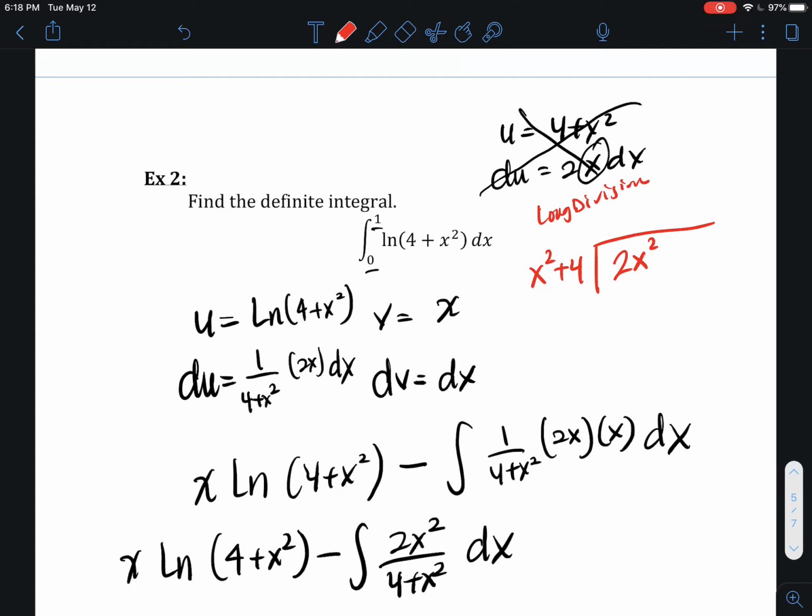I'm just rewriting it mathematically correct. So what do I need to multiply x squared by to get 2x squared? That's a 2. And then down here I write minus 2x squared minus 8. So that goes away, which is perfect. And I have a remainder of negative 8.